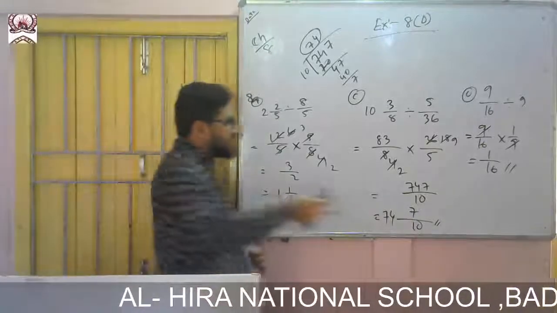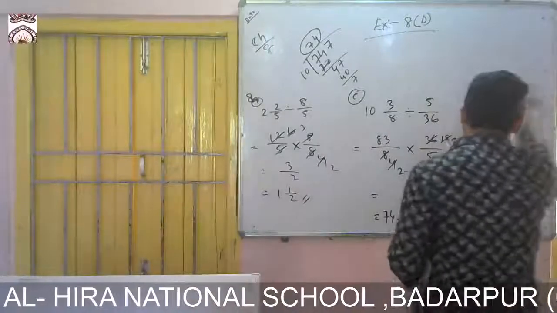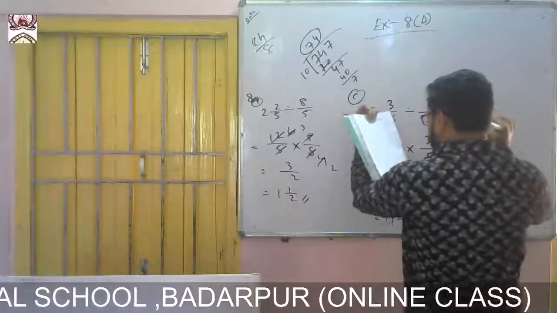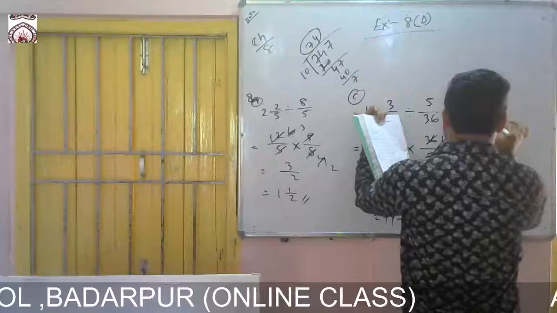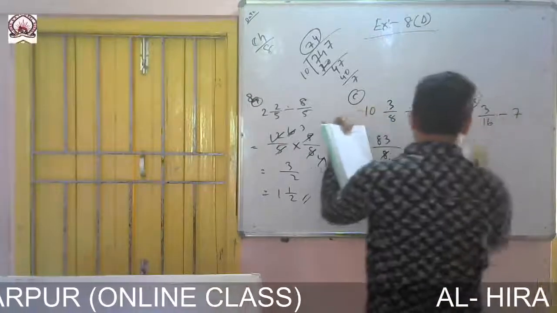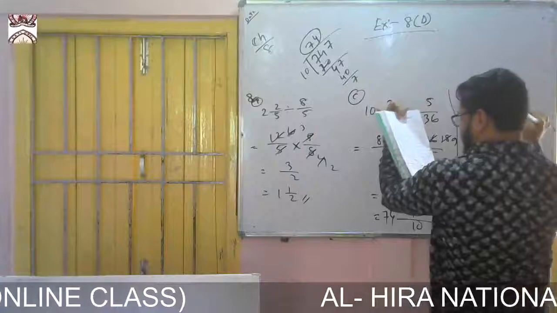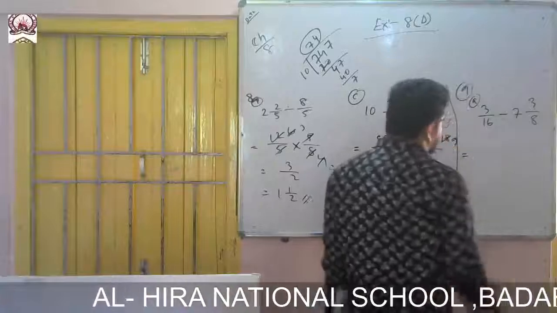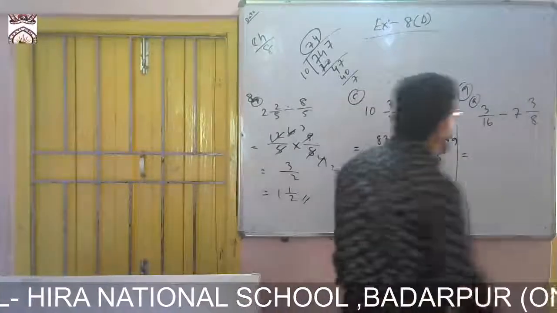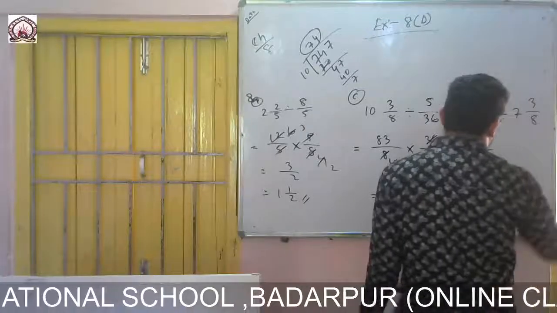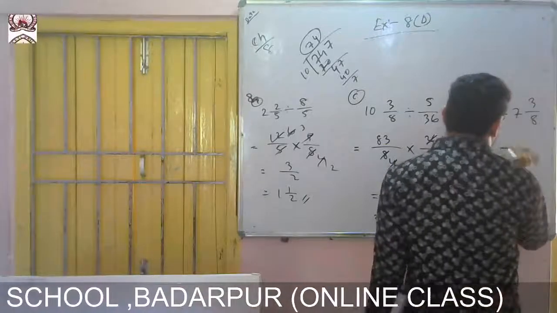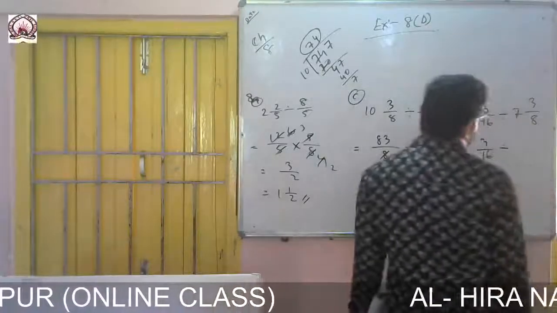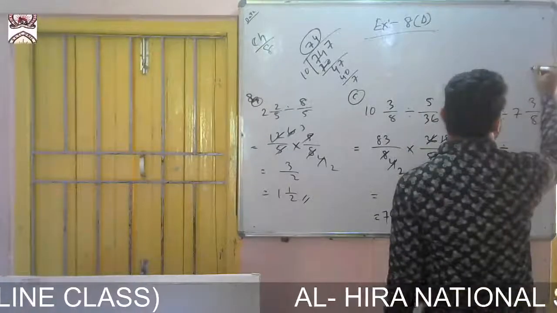Now come to question number 9. 9A: what is there? 3 by 16 divided by 7 3 by 8. So 3 by 16. First you break this one: 7 8s are 56, 57, 58, 59.